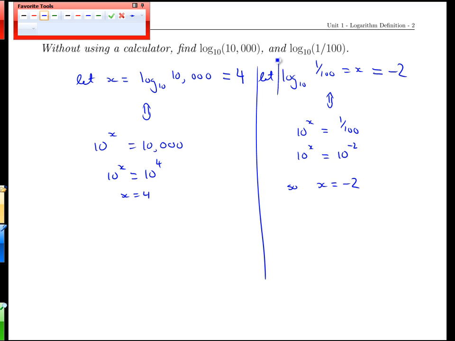And so log base 10 of 1 over 100 is going to be -2. And again, once you get the familiarity with this, you can put it in short form. What exponent is this base 10? Oh, it's 10 to the -2. So the value of the log is -2.